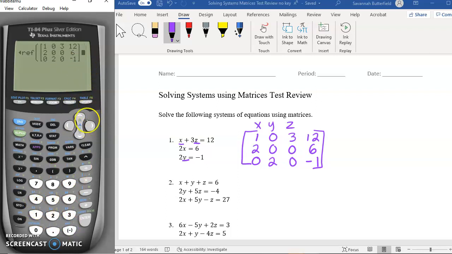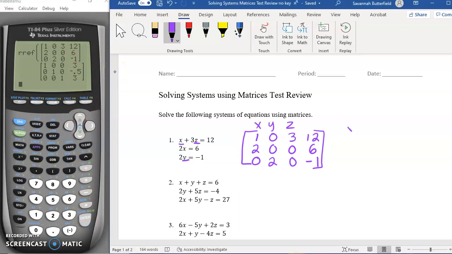Now that I have my matrix typed in, I can just hit enter. Remember, this is x, y, and z, so that means x equals 3, y equals -0.5, and z is equal to 3.